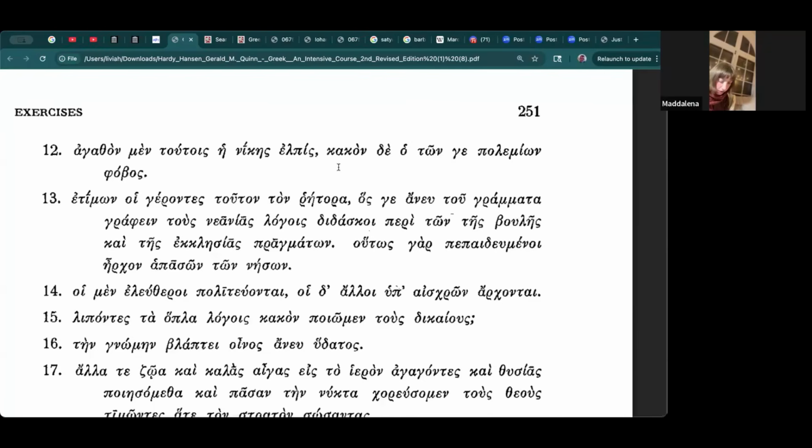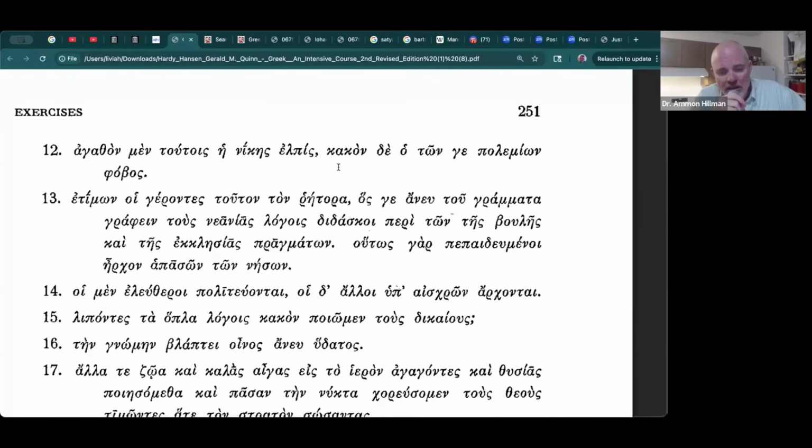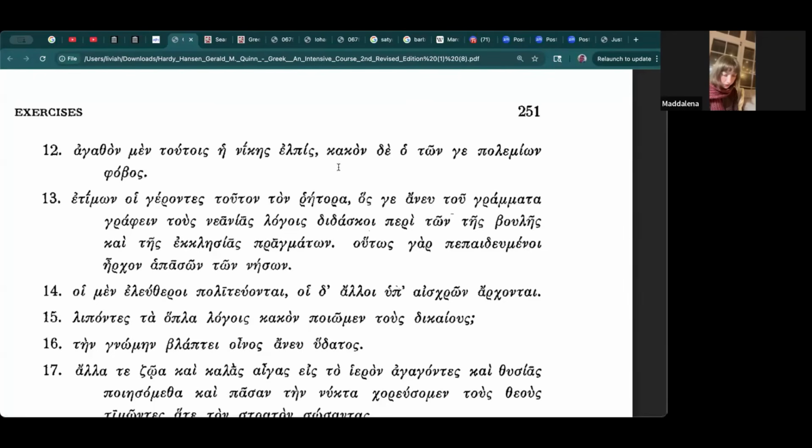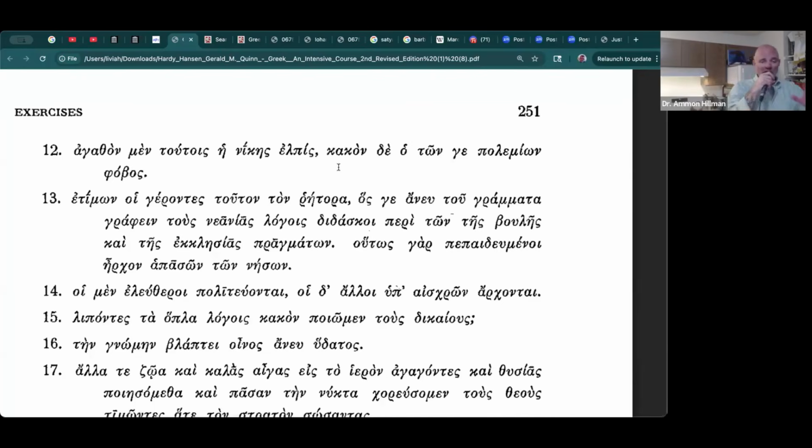No, wait. It's hey elpis. Notice it's surrounded by hey elpis. So it's the genitive with hey elpis, the attributive. The hope of victory. Perfect. The hope of victory.